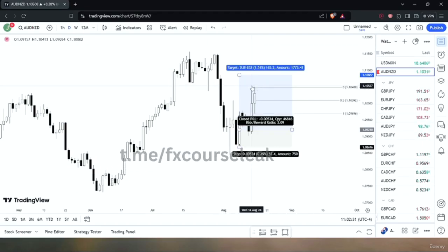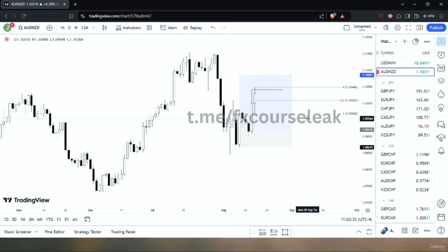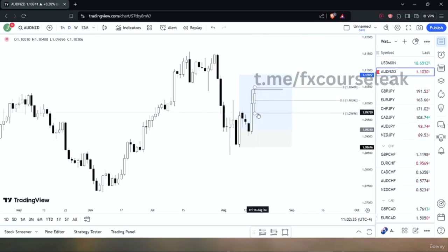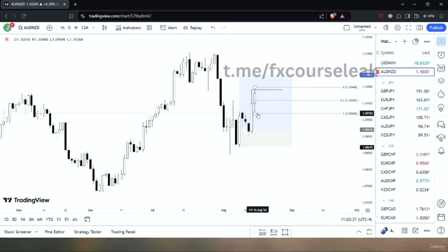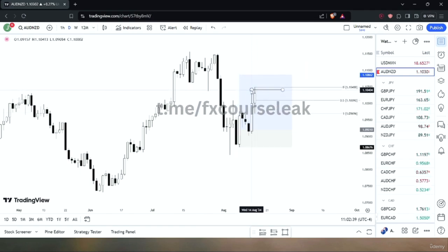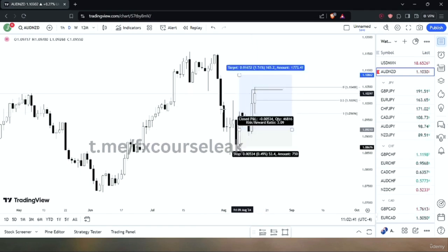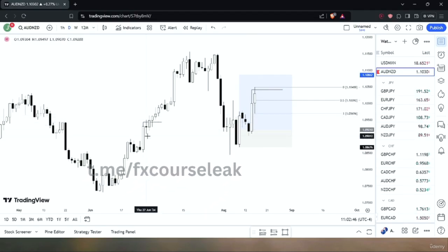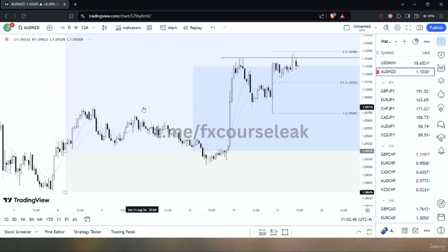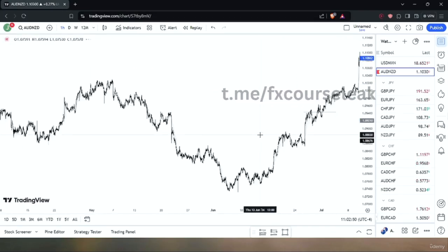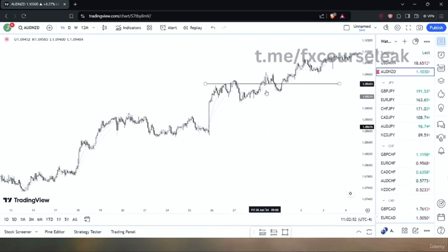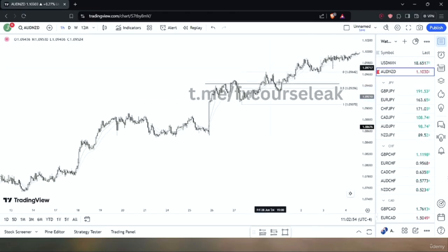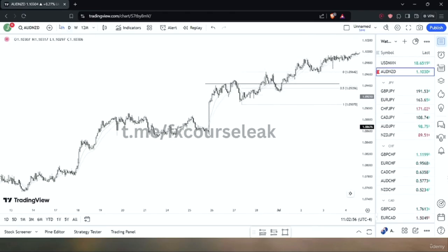Now, if we do close below this high, what can we expect? We could expect this low, yes, but not always. Why not always? It's not like all the time we're gonna get some low being raided down. No. Sometimes when price is really displacing, such as in this case, we can expect price to continue higher.